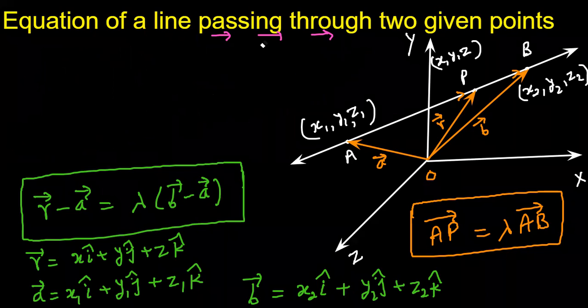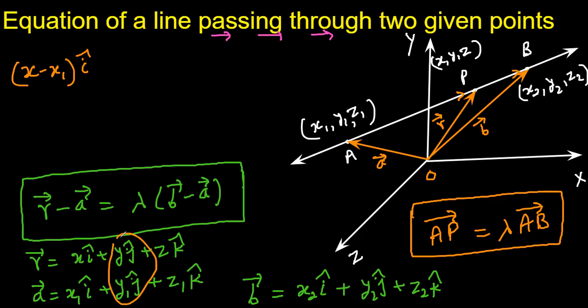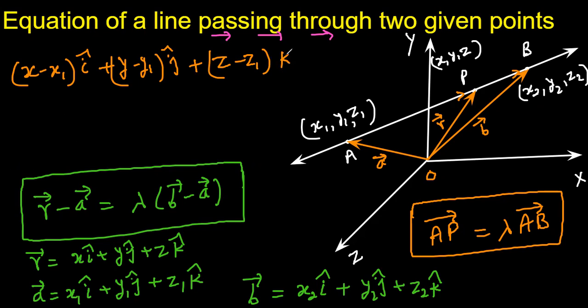In place of r minus a, r is x i plus y j plus z k, minus a. So these two are to be subtracted. r minus a would be x minus x1 times i cap, plus y minus y1 times j cap, plus z minus z1 times k cap.